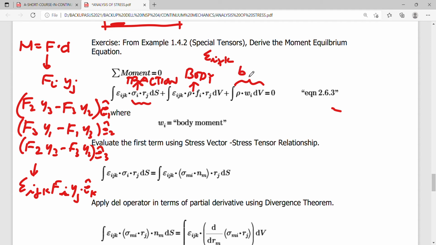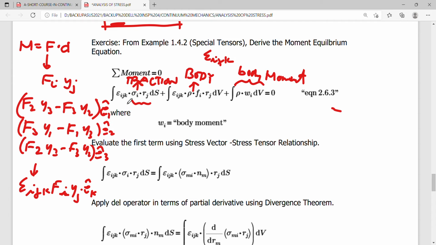Wi. This is the given internal moment inside a particle or inside the body upon which your domain or the region R is being represented. So take a look at the format.